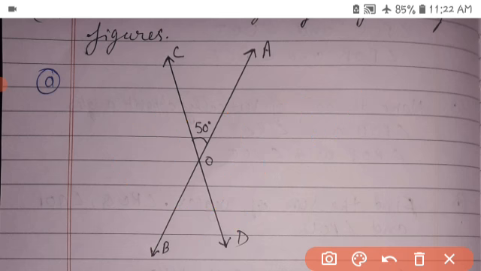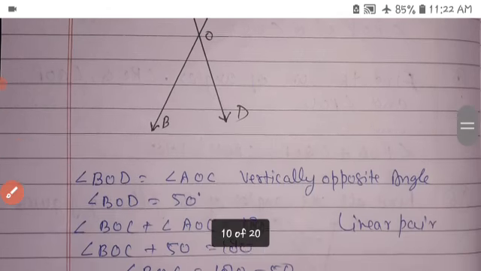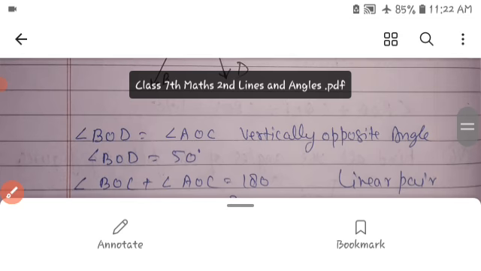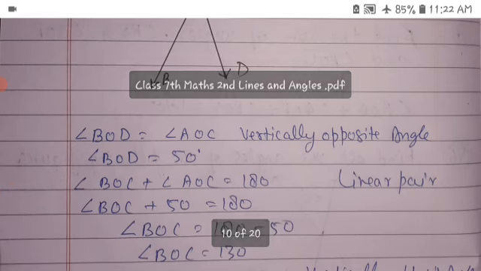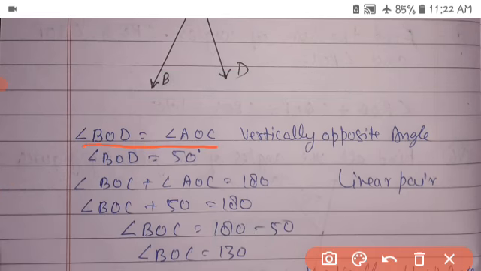Look at the solution of this question. Angle BOD is equal to angle AOC, vertically opposite angles, 50 degrees. Angle BOC plus AOC is equal to 180 degrees. The 50 degrees goes to the other side.